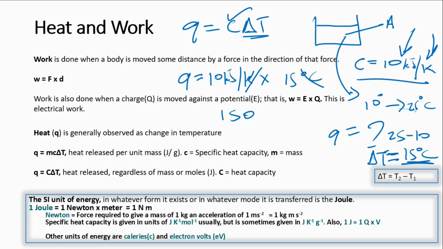Of course, that is where you'll wonder, how can you cancel degrees Celsius with Kelvin when they're not the same? Now, let me answer that question. This 15 is actually delta T. It is not T. It's a change in temperature, not temperature. There's a difference. So you don't have to convert it to Kelvin.